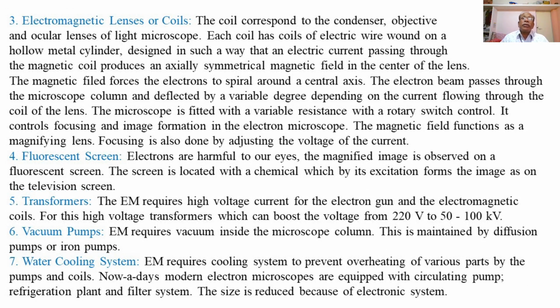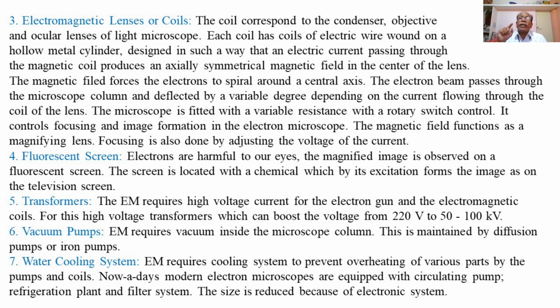Then the third component of the electron microscope, that is the electromagnetic lenses or electromagnetic coils. The coils correspond to the condenser, objective and ocular lenses of the light microscope.